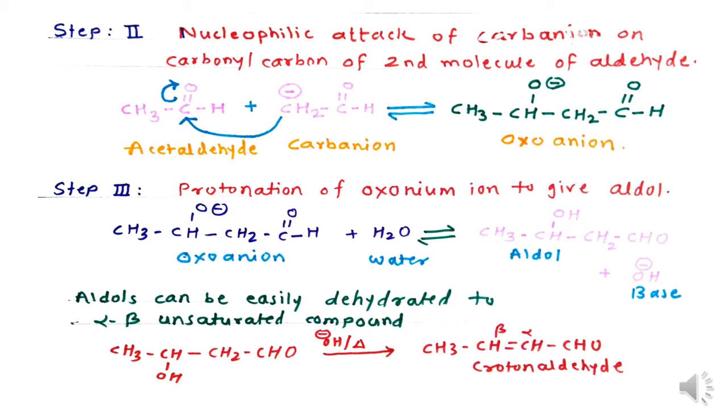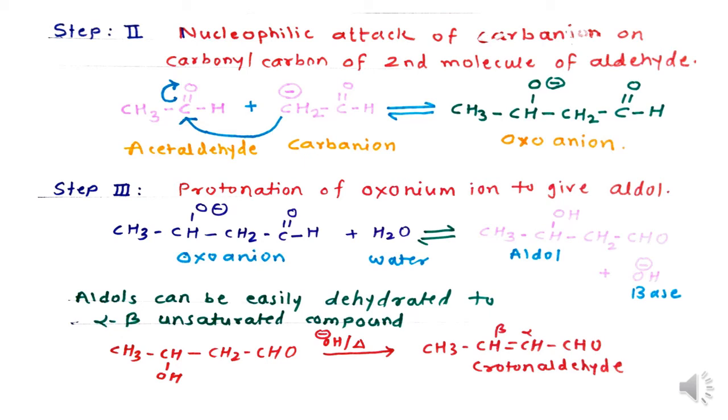Now in the step third, there is a protonation of the oxoanion to give the final product aldol. So you can see here the oxoanion formed in the step second abstracts the proton from the water molecule to give the final product aldol, and the OH minus, that is base, is regenerated.